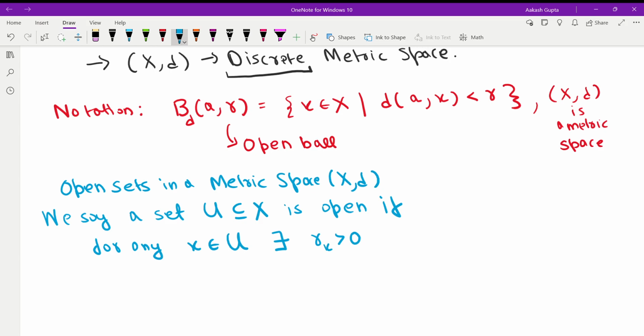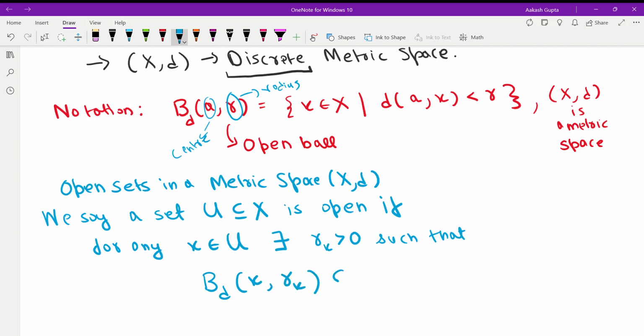The point chosen is the center, and the radius depends upon X. Such that, of course, bigger than 0, real number, such that when you take the ball centered around X of radius R suffix X, this is wholly inside U, and of course this contains X. So in this situation we will call a set to be open.